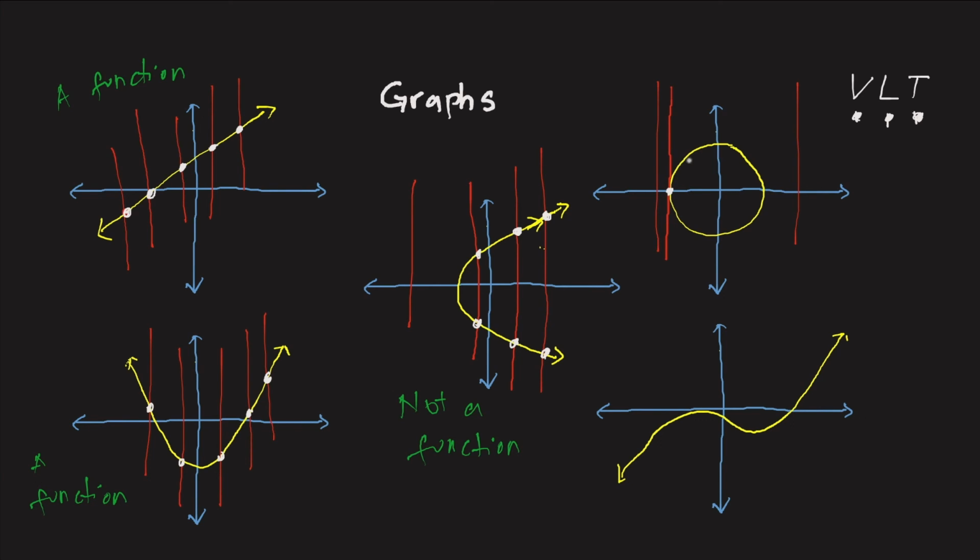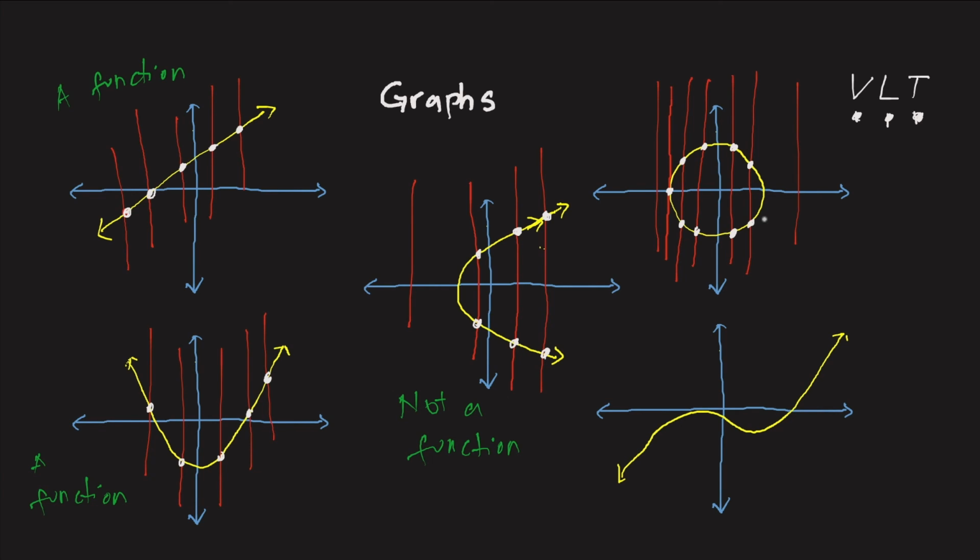Okay? But if we draw another line, several vertical lines, we see that the vertical line passes through the graph at 2 points. Here, here, here, and here, and here, and here.